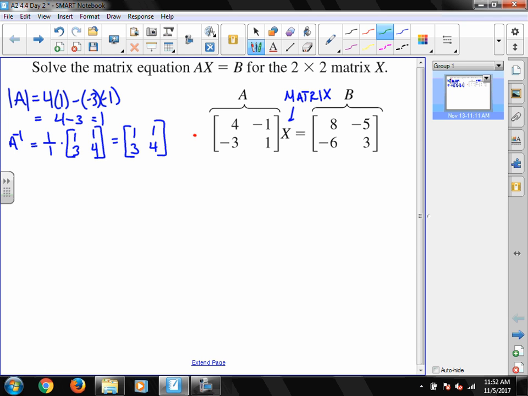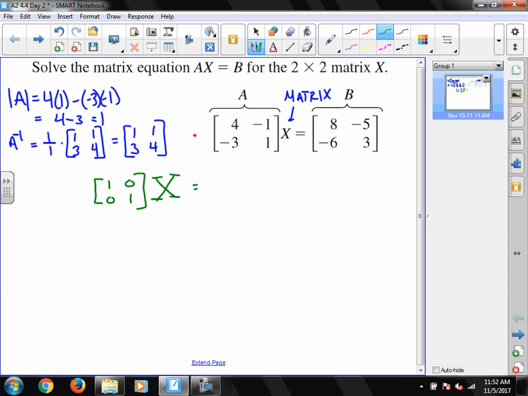So I end up with 1, 0, 0, 1 on the left times my X. That's how I symbolize capital X. I just put some little marks there so I know that it's bigger.